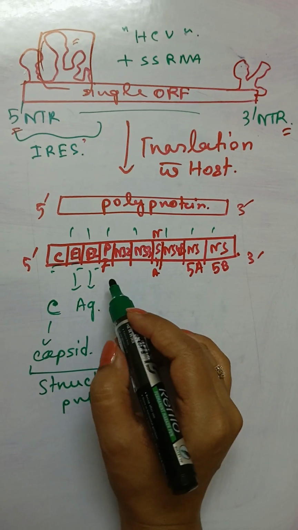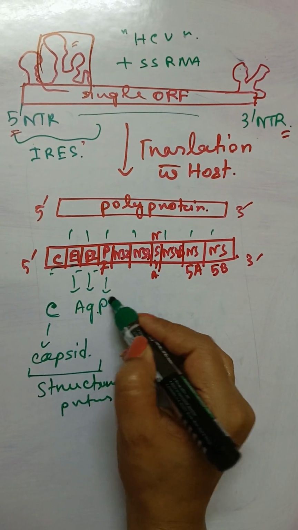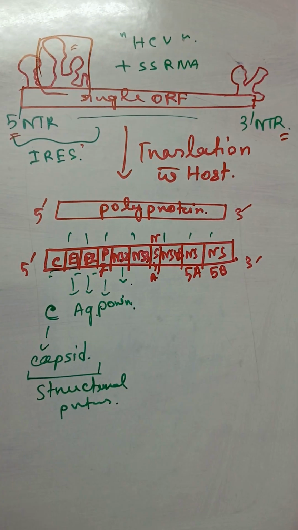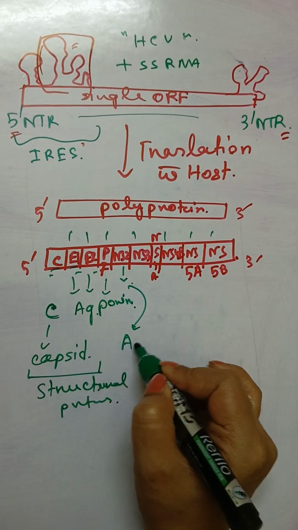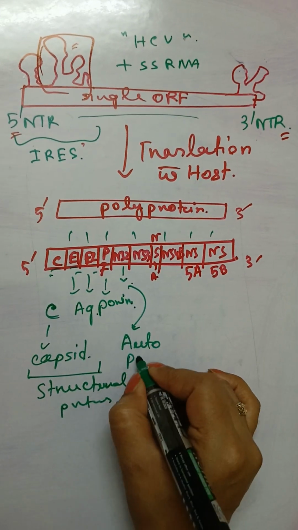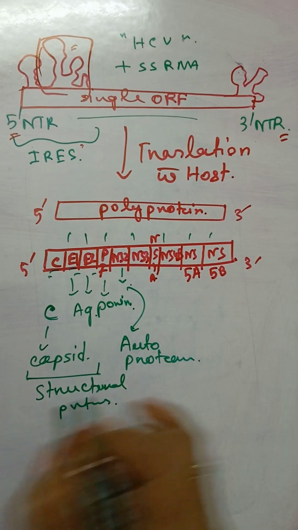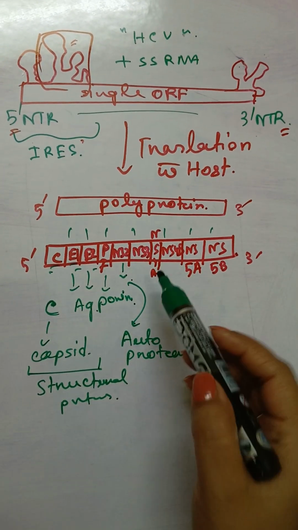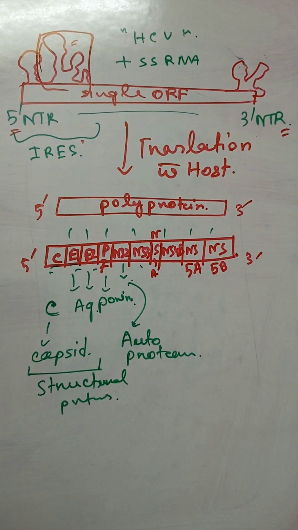Now P7 basically forms porin proteins. NS2 has autoprotease activity, or autocatalytic activity, autocleavage activity. Then there is NS3. NS3 is also a protease.